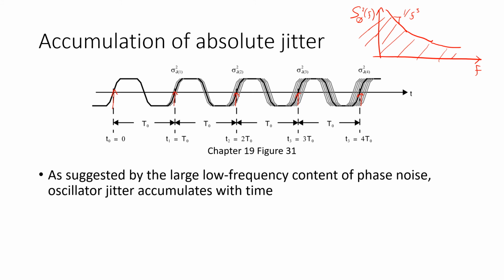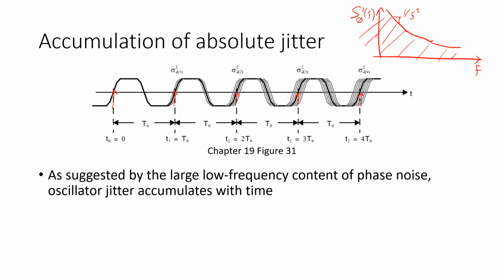There's an analogy here between very low frequency phase noise and low frequency flicker noise, which also appears to suggest very large amounts of noise at very low frequency. And perhaps it's not surprising that the 1 over f cubed term in our phase noise plots actually arises from flicker noise in most cases.